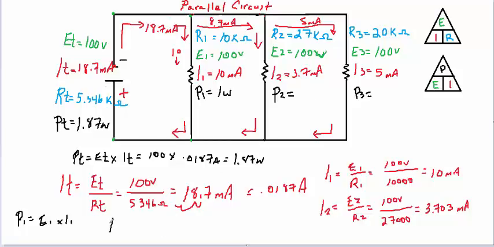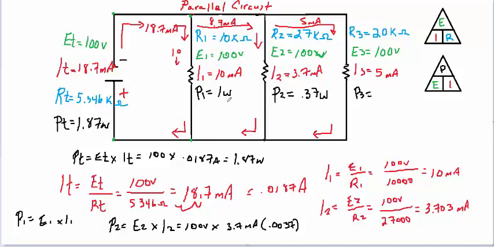Power at resistor 2 equals the voltage at 2 times the amperage at 2, and the voltage at 2 is 100 volts, and the amperage at 2 is 3.7 milliamps, which is really 0.0037. So you should come out with a value of 0.37 watts.